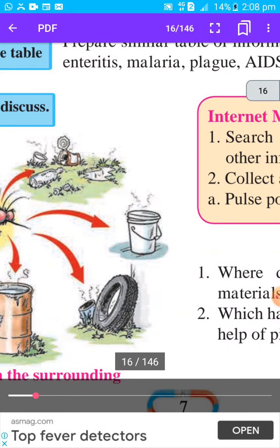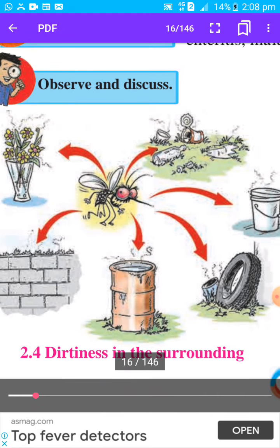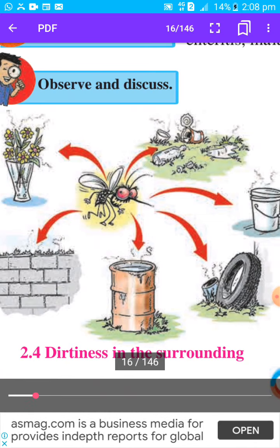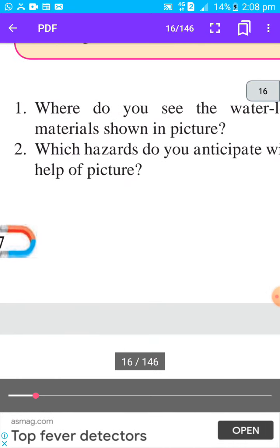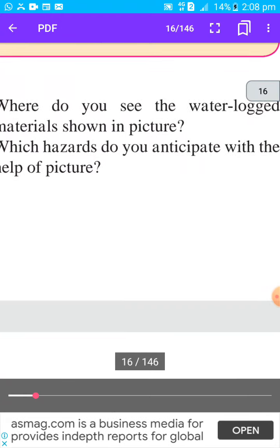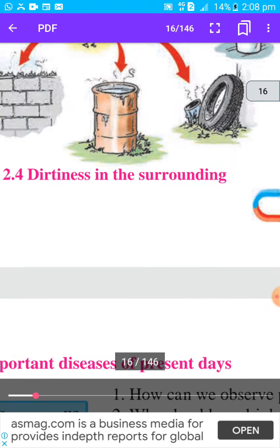Then there is another pot which also contains water. Then there is some garbage. Okay, so these are the various places where these mosquitoes can breed and cause many diseases to human beings. Which hazards do you anticipate with the help of the picture?